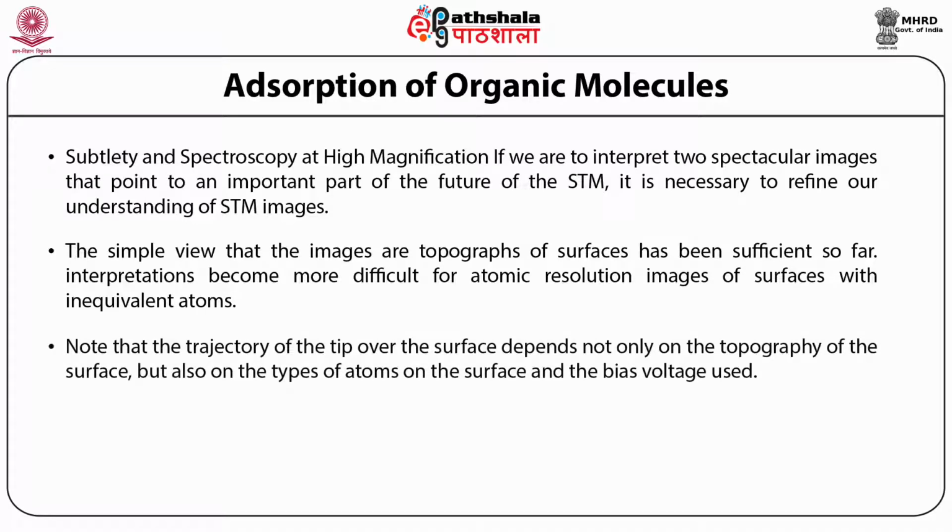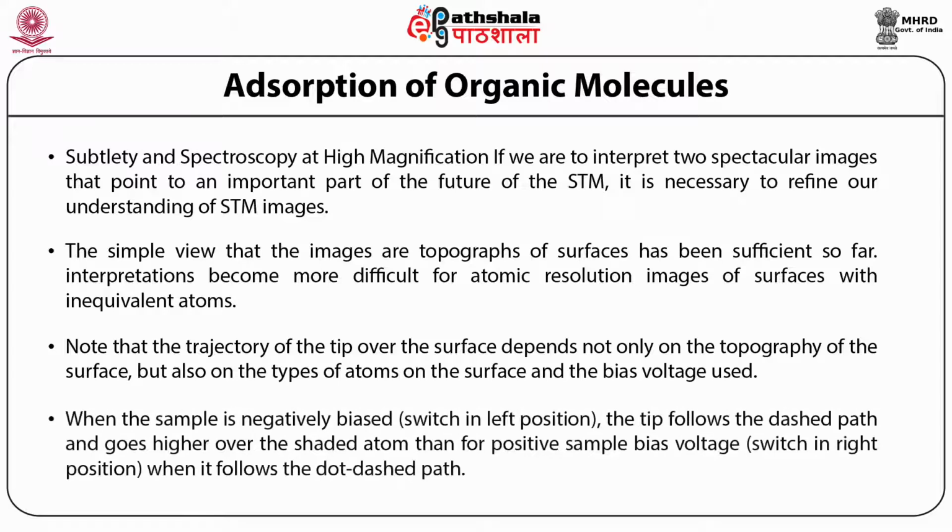Note that the trajectory of the tip over the surface depends not only on the topography of the surface but also on the types of atoms on the surface and the bias voltage which is used.